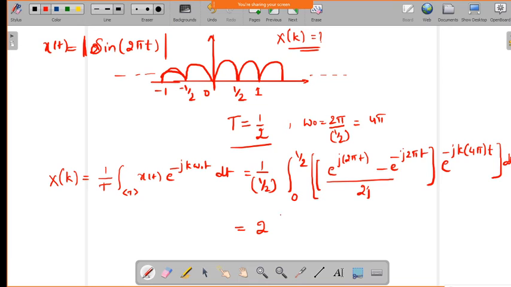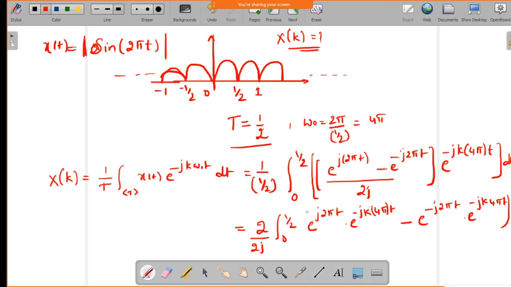So you will get 2 by 2j, 0 to half, e power j 2 pi t into e power minus jk 4 pi t, minus e power minus j 2 pi t into e power minus jk 4 pi t, into dt.